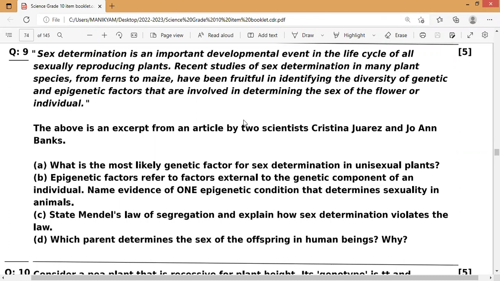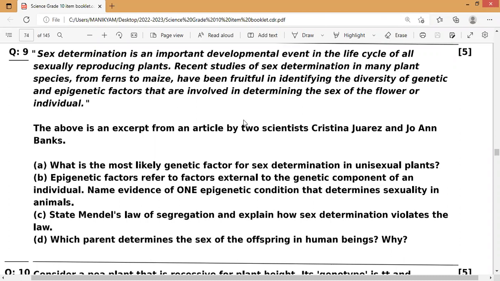Recent studies of sex determination in many plant species, from twins to maize, have been fruitful in identifying the diversity of genetic and epigenetic factors that are involved in determining the sex of the flower or individual. So the above is an excerpt from an article by two scientists, Christina Jauris and Joanne Banks.